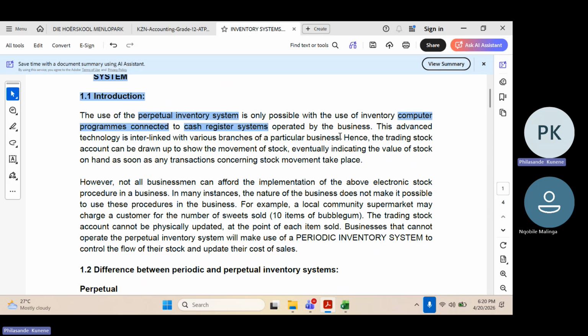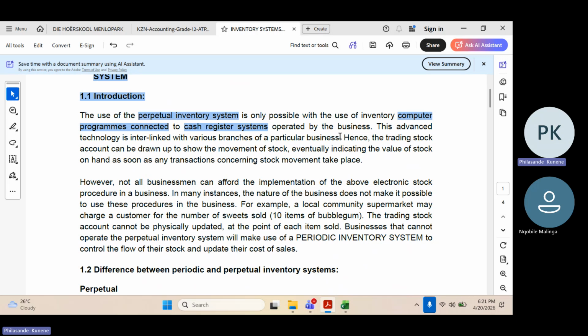A perpetual inventory system is a computerized system, indicating that whichever inventory is moving in and moving out is being recorded by the computer automatically. You don't have to count it manually. The computer helps you keep track of the movement of trading stock.